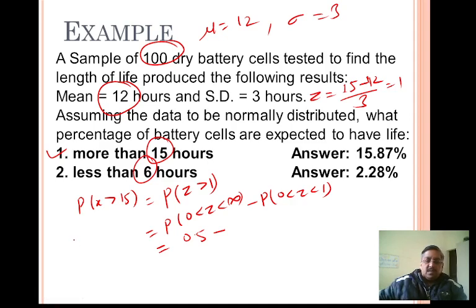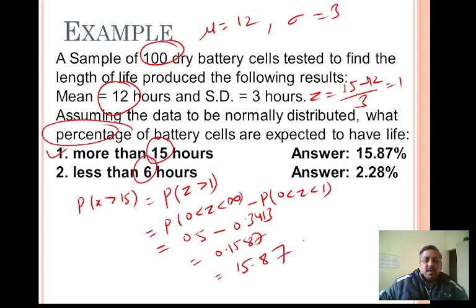You can just put in this value, so 0.5 minus 0.3413, and you can solve it like 0.1587, right? So the percentage of batteries is 15.87%, right? This is for the first question.